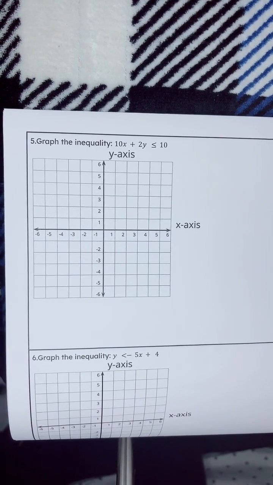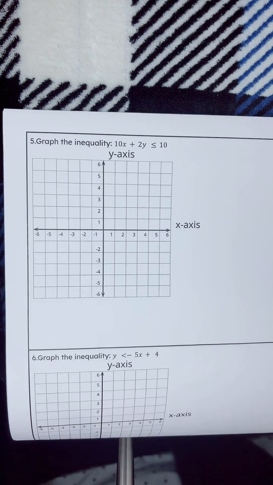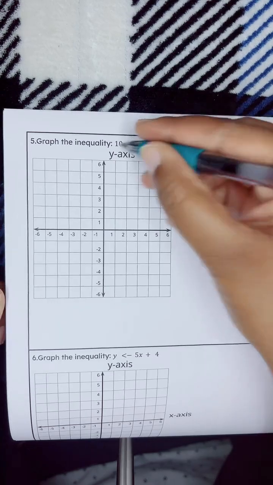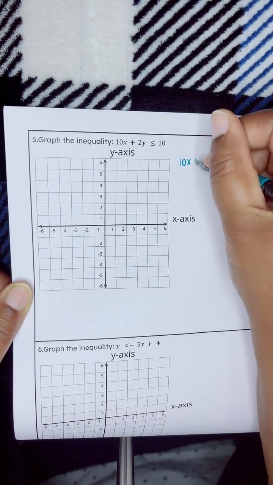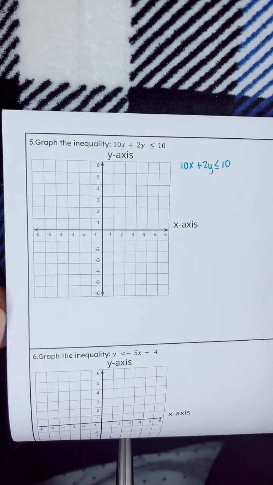Okay. All right. So graph the inequality. All right. Let's do it. So this time, I want to use y equals mx plus b, which is called the slope-intercept form, okay? So I want to solve this for y. Can somebody tell me my first step?